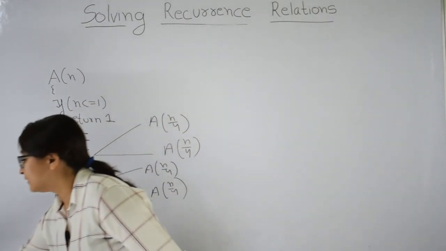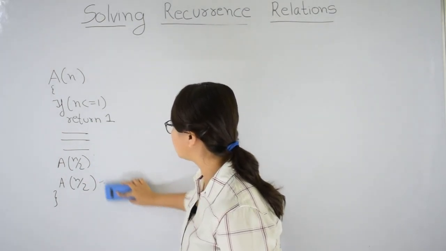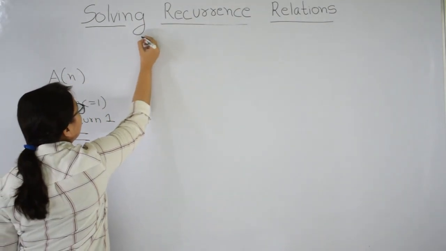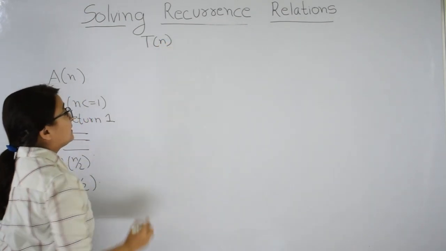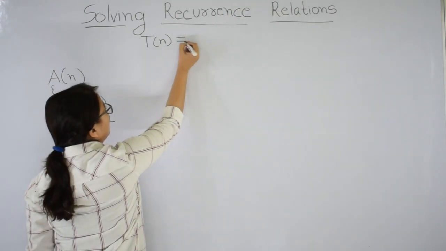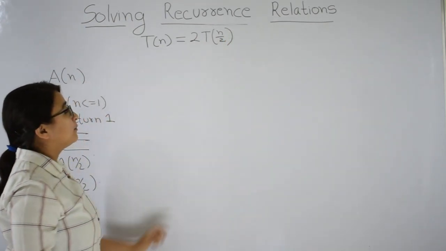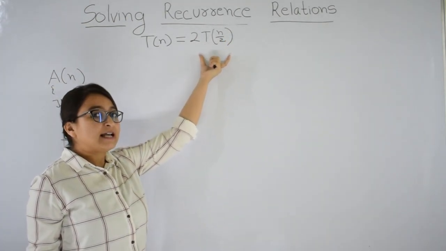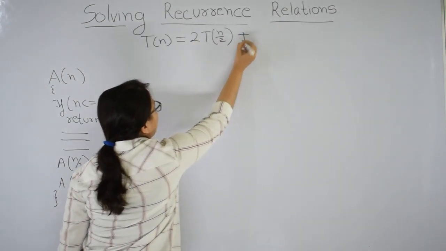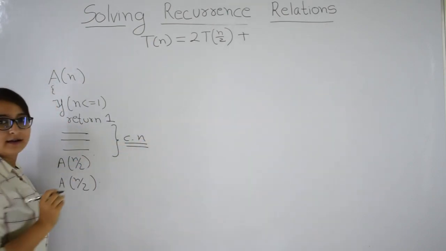So first of all, let me write down the recurrence relation for this. The recurrence relation will be T of n, that means the time taken by the algorithm on input of size n, is equal to twice T of n by 2, because the same algorithm on size n by 2 is being called twice, plus I am assuming that these steps take c into n time.